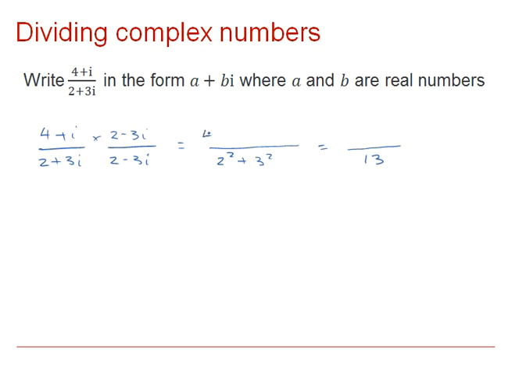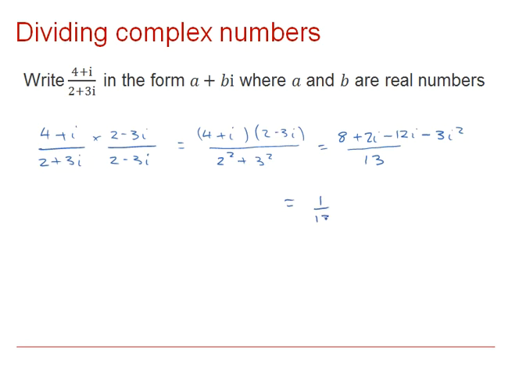And on the top, let me just write it like this to make it clear. But we're going to multiply that out and end up with 8 plus 2i minus 12i minus, and I'll leave it as 3i squared at the moment.